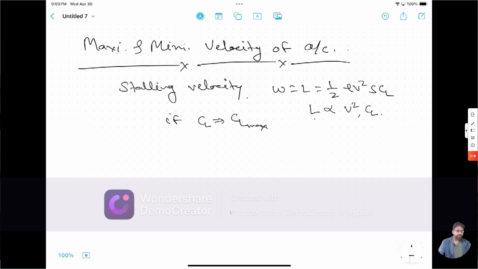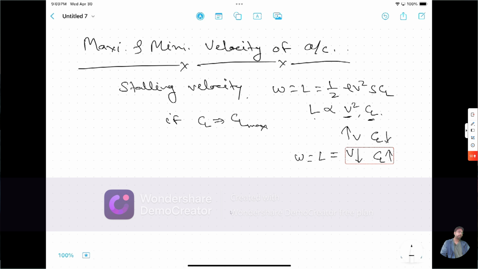So we are getting lift by the velocity and also by the CL. When we are flying at a higher velocity, then we need CL very minimum. And if we are flying with lower velocity, at that time we need CL as much as we can. So that's why finally we have to get lift equal to W always.